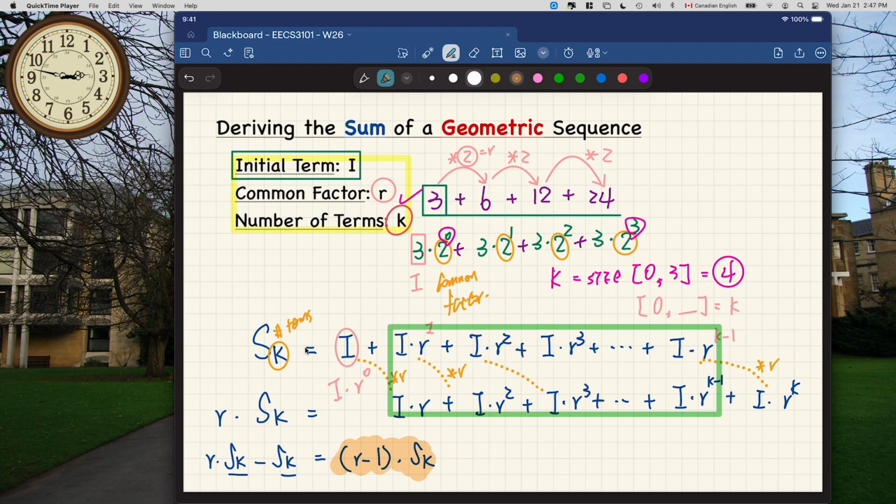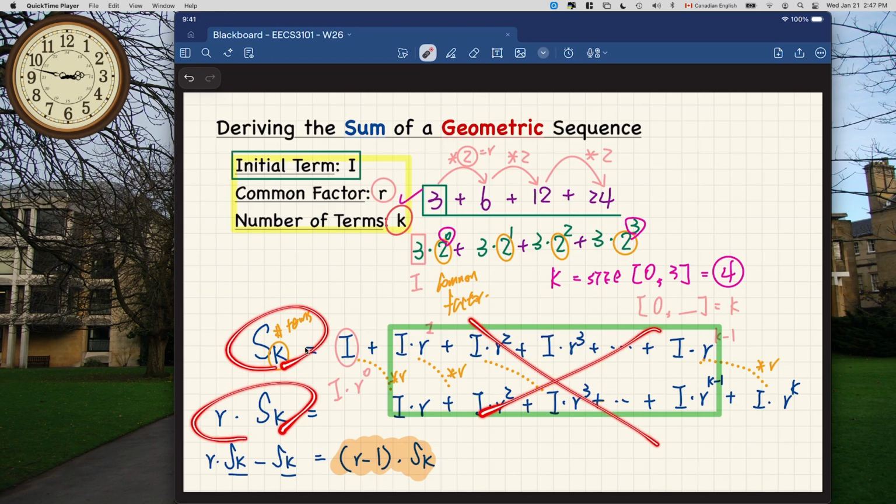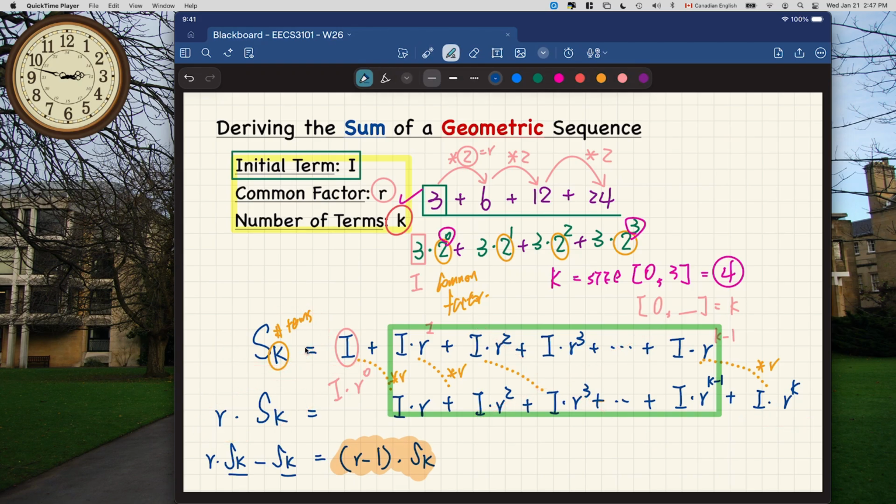What I have, right? If I subtract this term from here, this one completely cancels out. So I got this one minus this. So what I have is I times r to the k minus I, right?